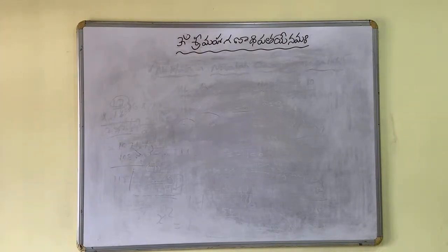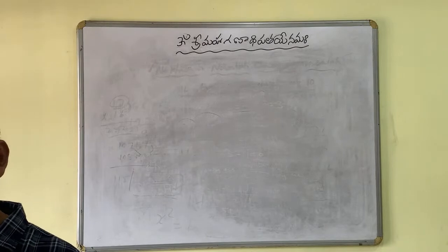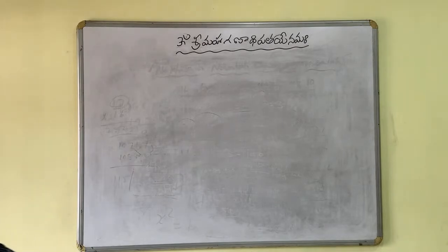You need to say, if b square minus 4ac is greater than 0, what kind of roots will there be; if equal to 0, what kind of roots; if less than 0, what kind of roots. Just you need to give your comments. That is the first Roman in 4.4.